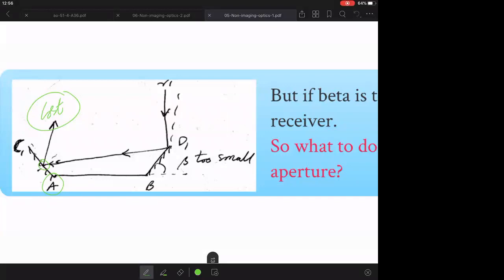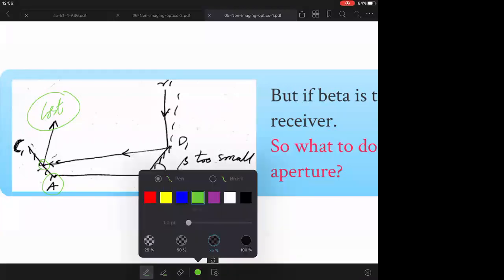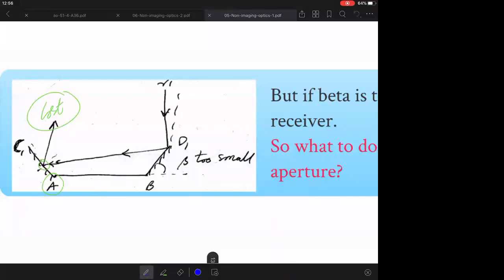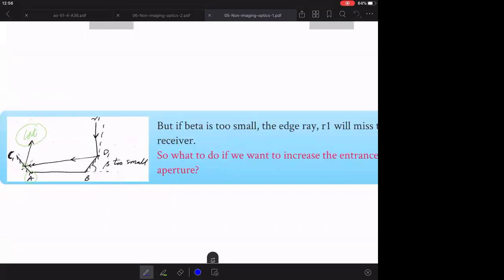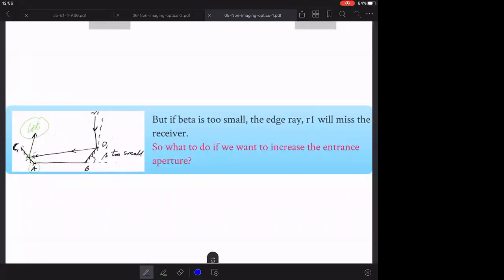Yes. I think for the same area, the circle or those curved features will give much more area than any kind of rectangular things. Yeah, that's a good idea. We'll come back to that point.